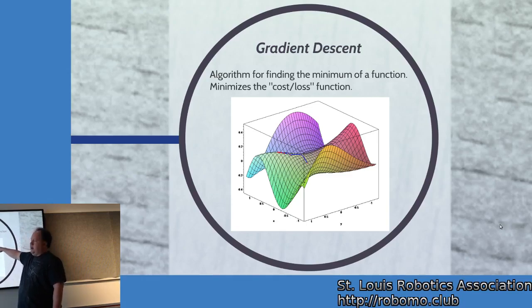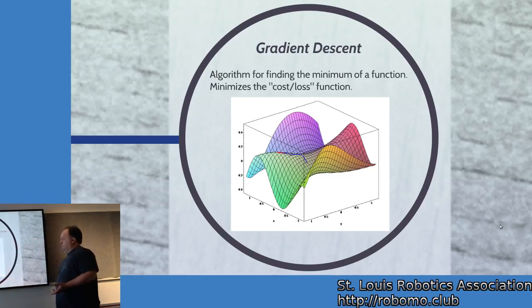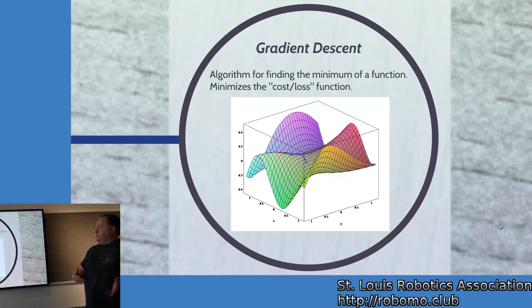Up higher is a very high loss, so it did a poor job of recognizing what it is, and down low would be a very low loss, so it does a good job. Gradient descent is the method used for adjusting the weights and biases to reduce the loss of the algorithm that determines what that object was, or classifies it, or whatever it's doing.